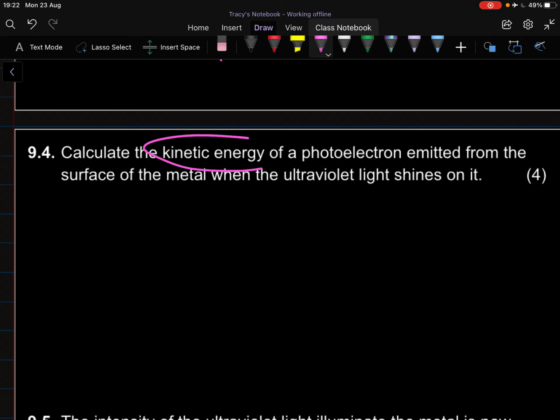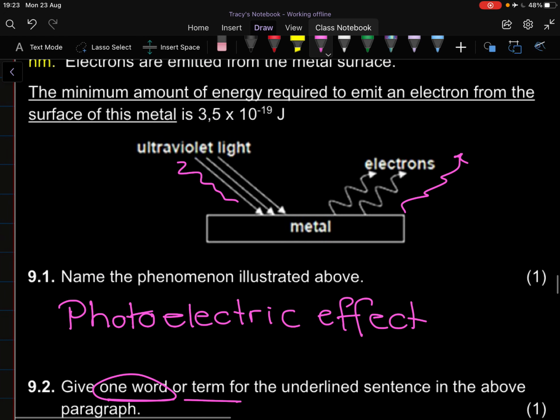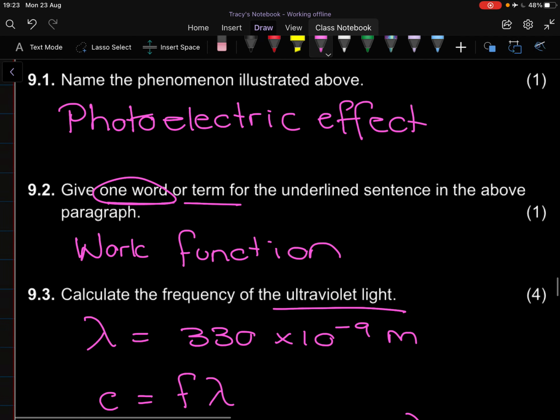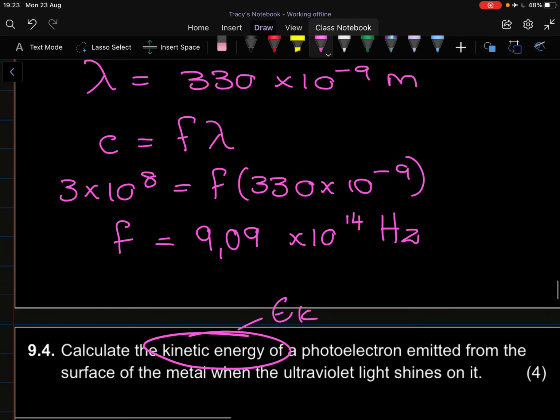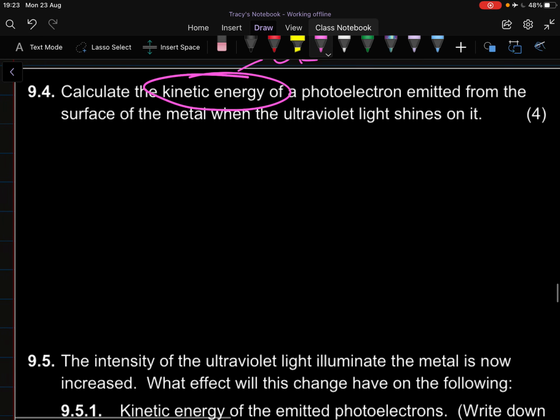Calculate the kinetic energy, so EK, of a photon emitted from the surface of the metal when the ultraviolet light shines on it. So we look at this and we go, well, I've been given WO. I know both wavelength and frequency, and we want EK. As soon as we're looking for EK, we know we're going to use this equation.